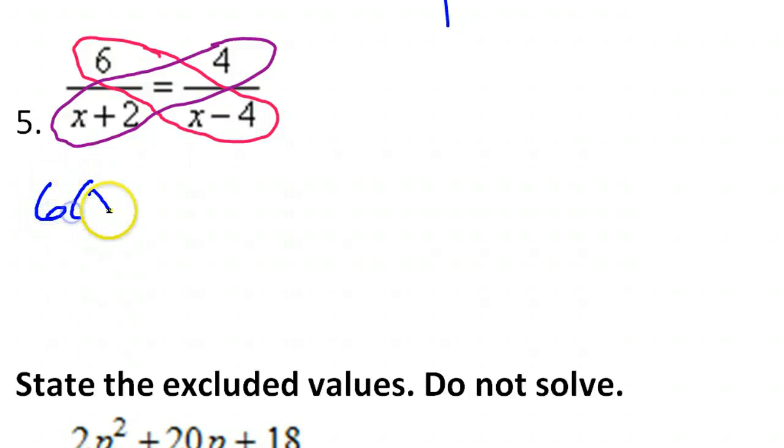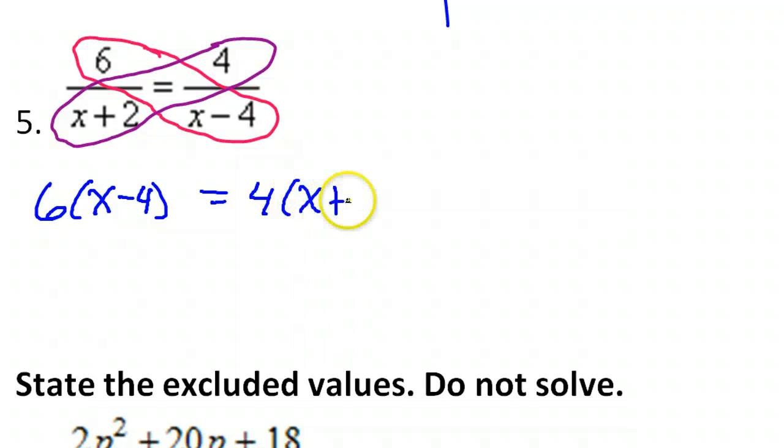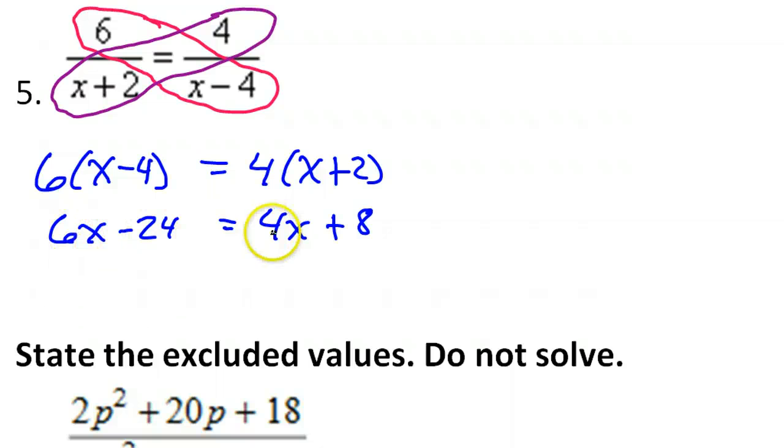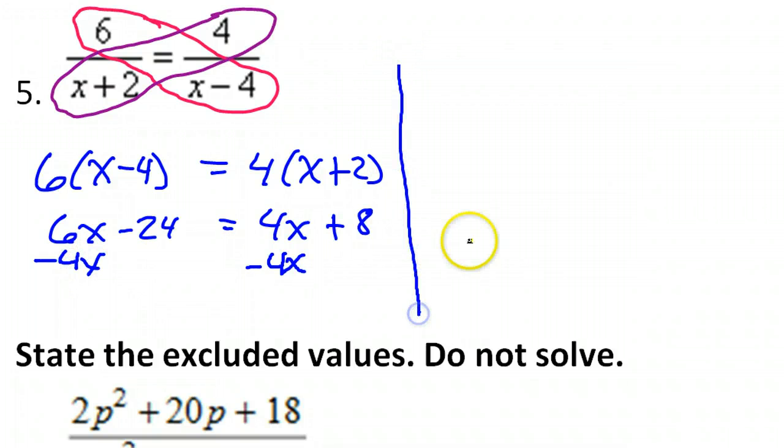So that would be 6 times x minus 4 is equal to 4 times x plus 2. Diagonal equals diagonal. Obviously we have to distribute, so that'll be 6x minus 24 is equal to 4x plus 8. I see the variables on both sides. Let's get them together by subtracting. That is going to give me 2x minus 24 is equal to 8.